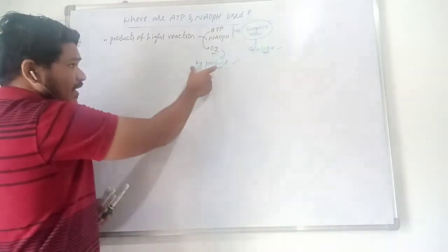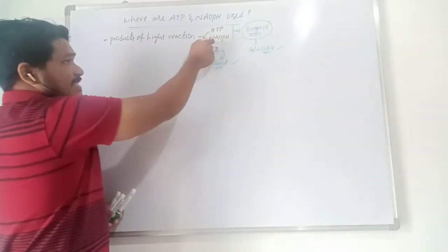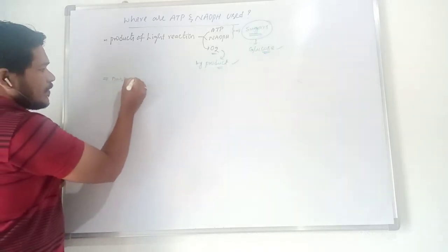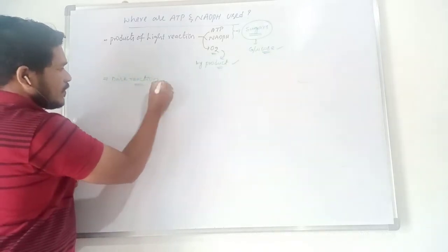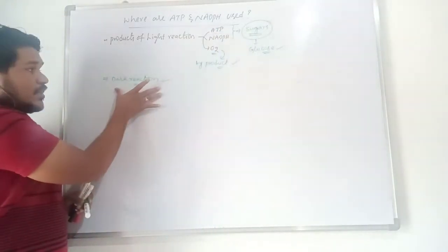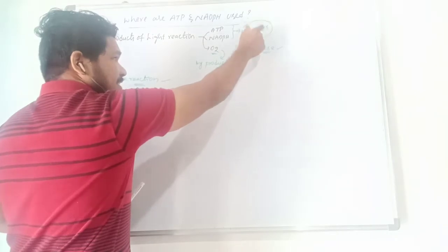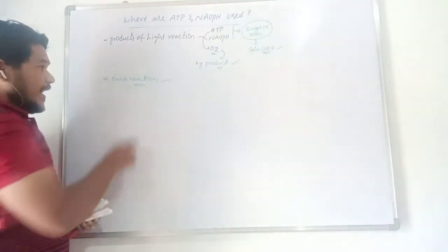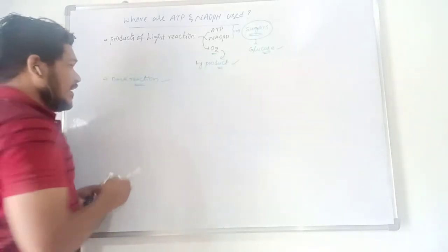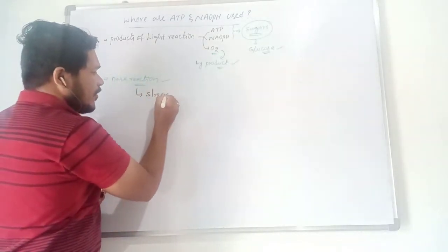The glucose molecule is synthesized in the dark reactions. The ATP and NADPH, the products of light reactions, are further used in the dark reactions for the synthesis of sugar molecules, and the synthesized sugar is glucose.